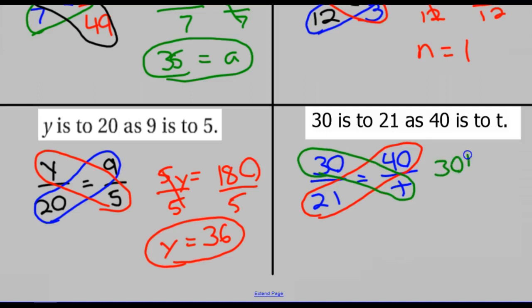So 30t equals 40 times 21, which is 840, divided by 30, and t equals 28.